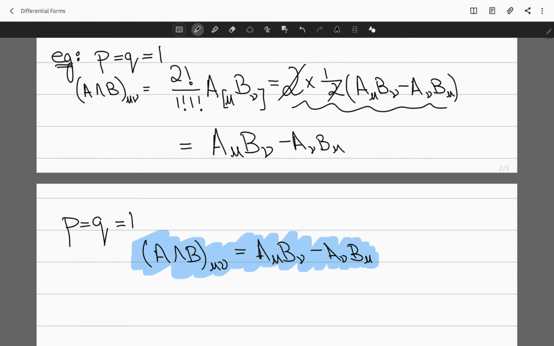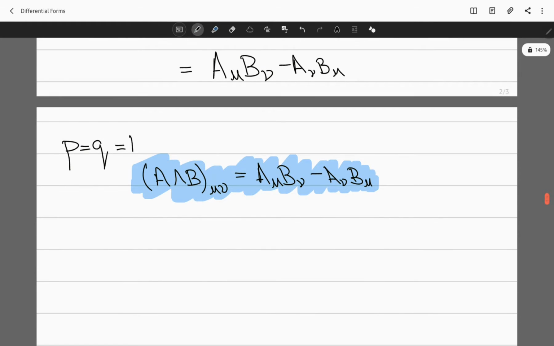Now we could go further and consider an example where p and q are not equal. Let's take p is 1 and q is 2. What does this tell you about the indices is that you would have 3 indices on your wedge product.